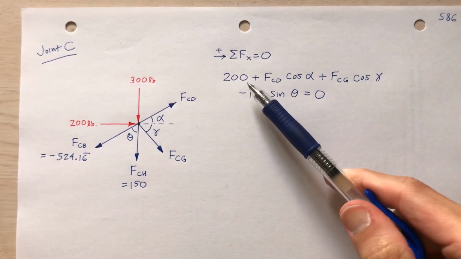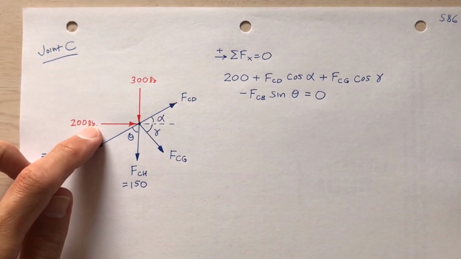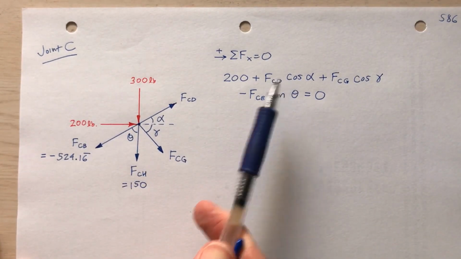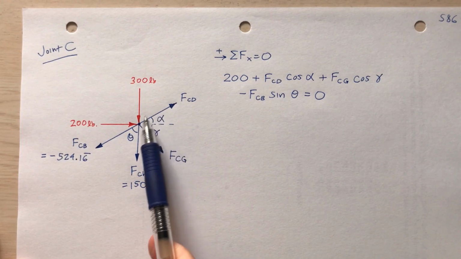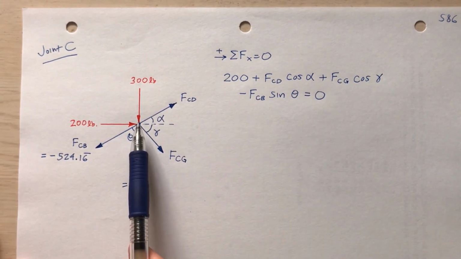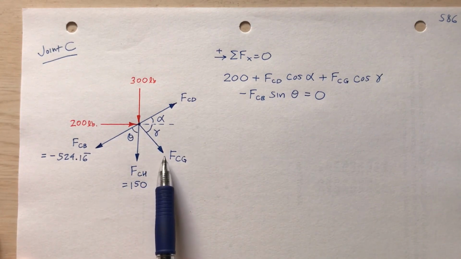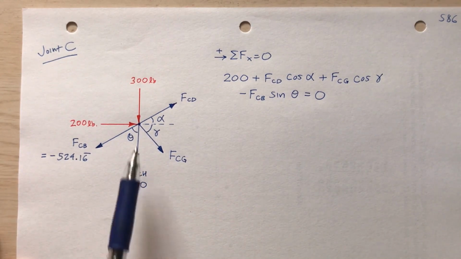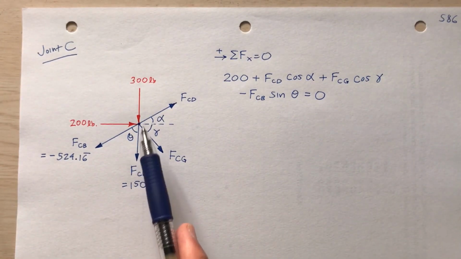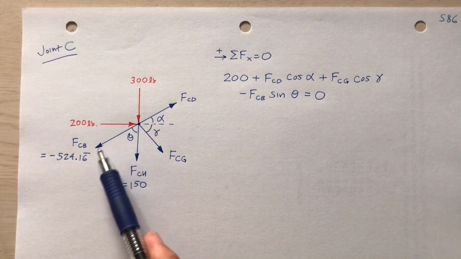So how does that look? Sum of the forces in the x direction, 0. So 200, that's this one, 200 to the right. F sub CD cosine alpha, the horizontal component of this vector. F sub CG cosine gamma, pardon me, the horizontal component of this vector. Minus F sub CB sine theta, that would be the horizontal component of this vector.